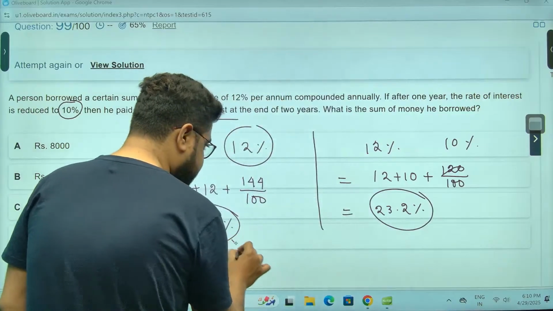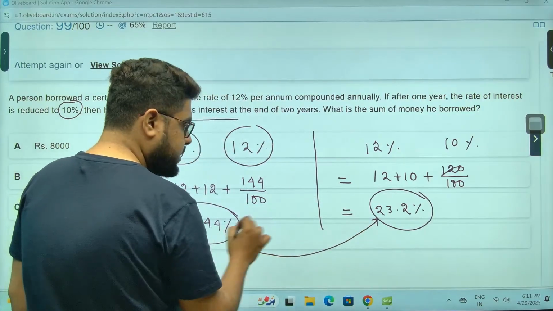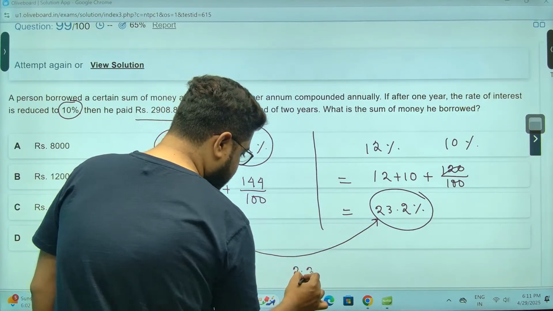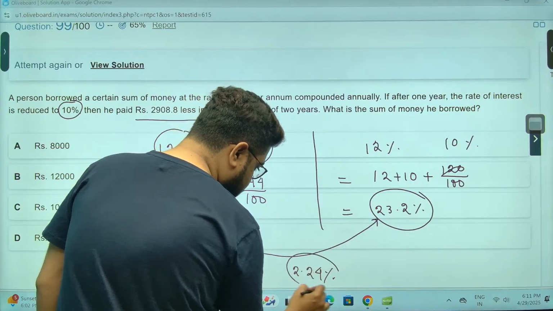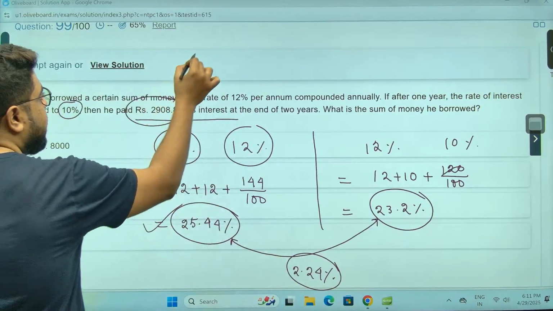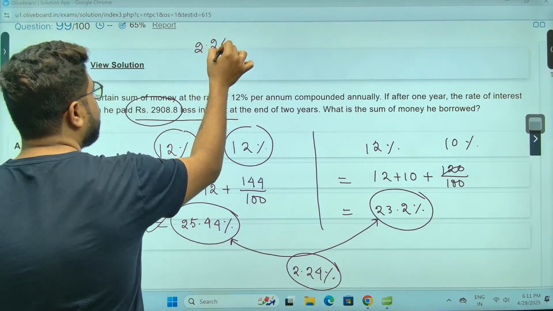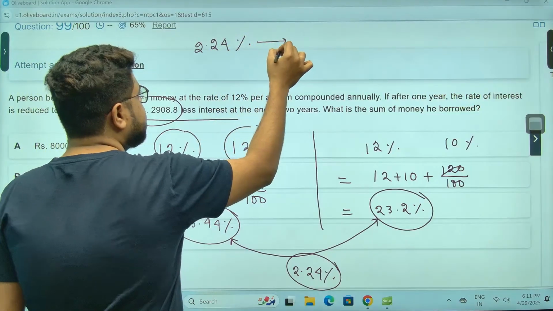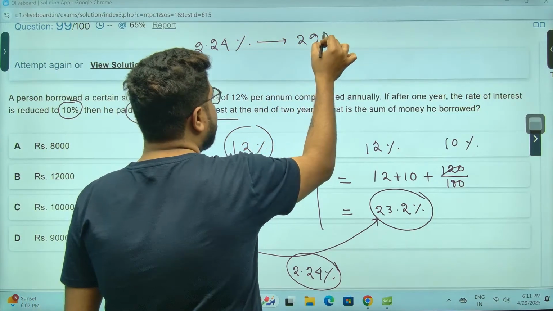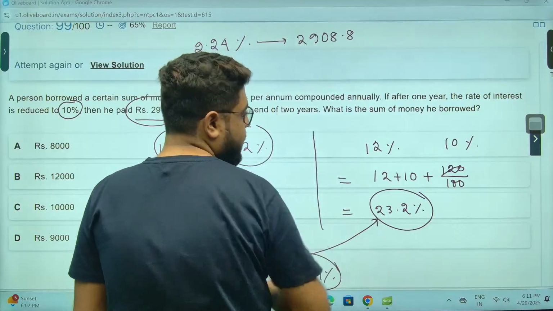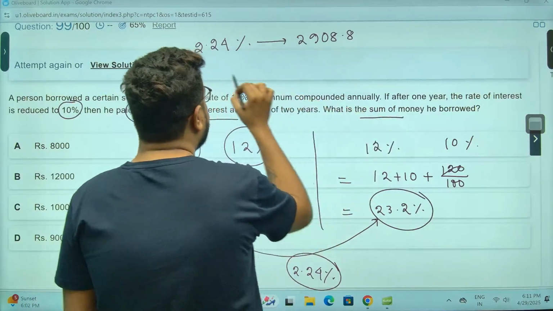The difference is 2.24%. So this 2.24% difference is equal to 2908.8. They're asking sum of money, meaning 100%.